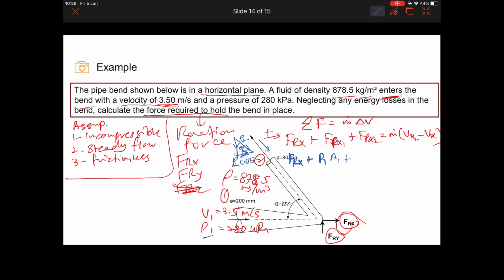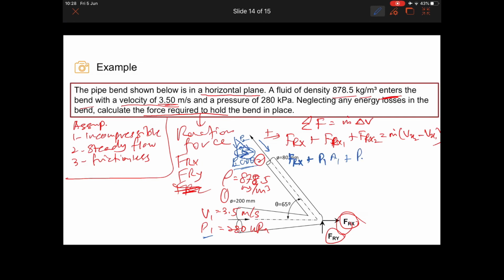I don't want to repeat again. How can we get the P2 cos theta? It's definitely cos theta equal to adjacent over hypotenuse, right? Adjacent divided by hypotenuse. So basically cos theta is equal to the adjacent over P2, and then you want to have this part, so you just move the P2 to the other side and you get P2 cos theta.